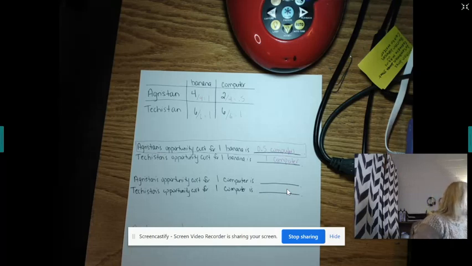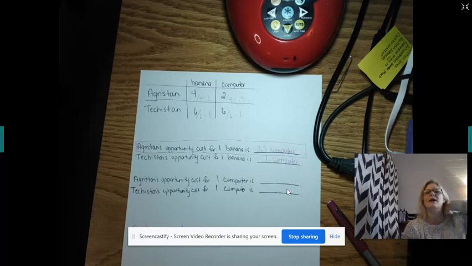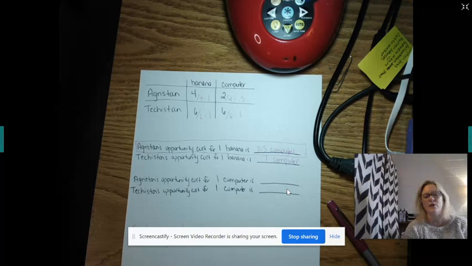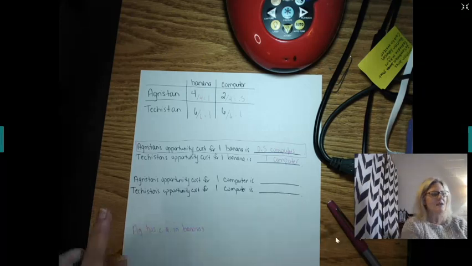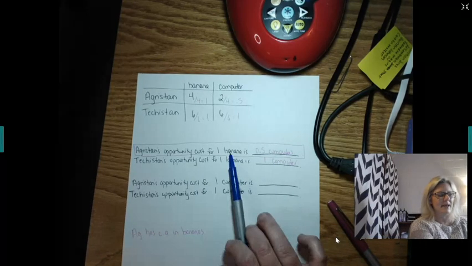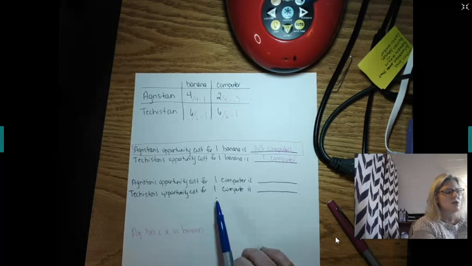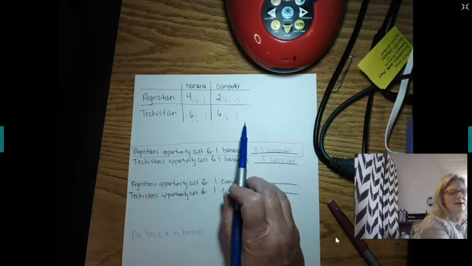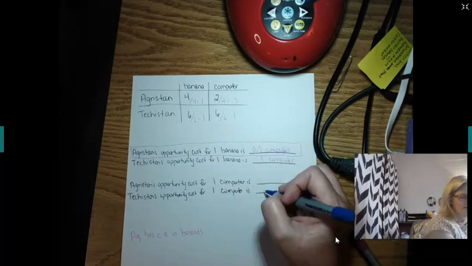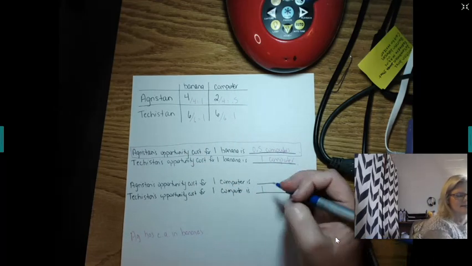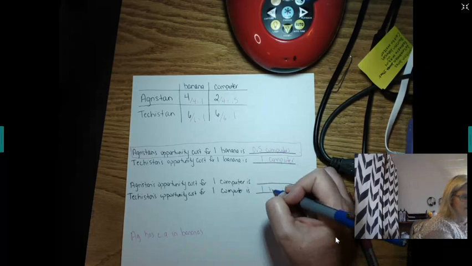Then if we want to look at it the other way, and we want to see who should have the comparative advantage in computers, we should automatically know that it'll be Tekistan, because if Agristan has comparative advantage in bananas, Tekistan should have comparative advantage in computers, but we want to do the math to be able to check it. So we already know this is a 1-to-1 ratio, so we don't have to do any math. So Tekistan's opportunity cost for 1 computer is 1 banana.